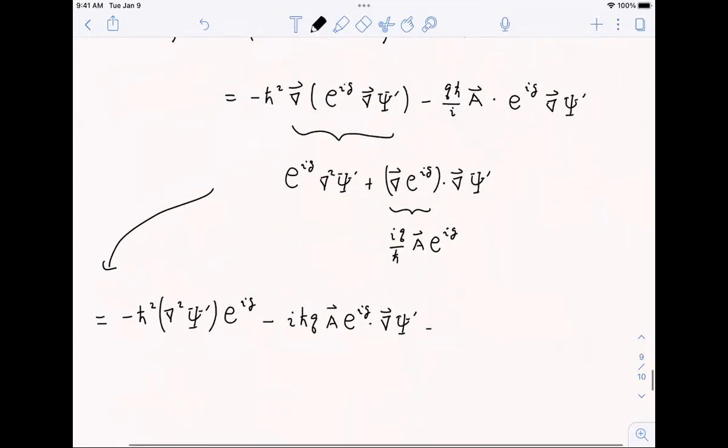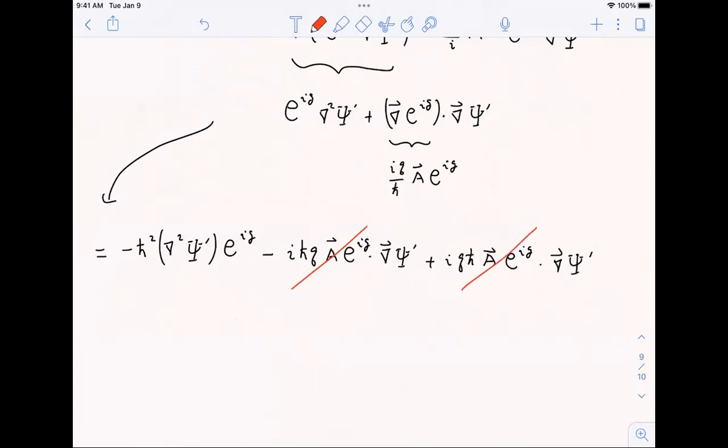Okay, so this one will be plus i q h bar A. Okay, so now it turned out that these two will actually cancel each other.